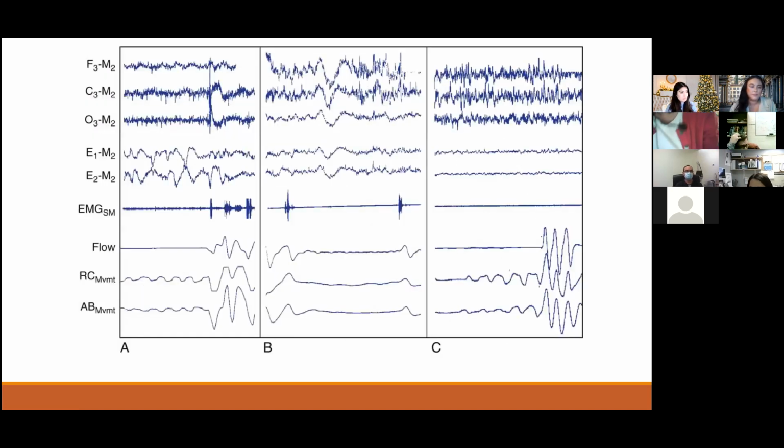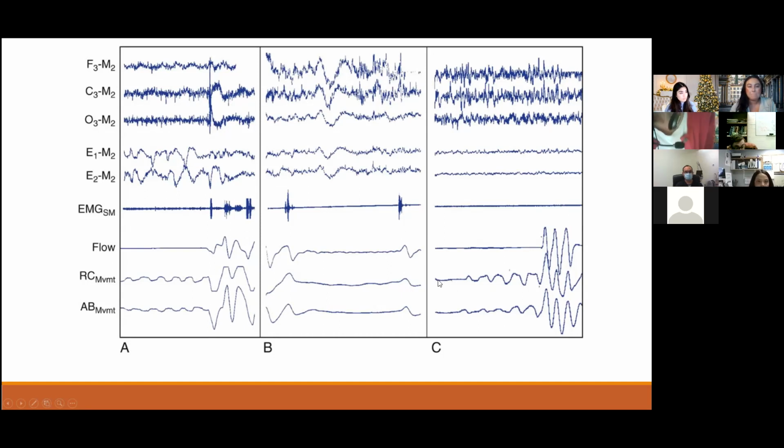So again, just to summarize everything, absent airflow, you can see here with ongoing respiratory effort, this is an obstructive apnea. Here, no respiratory effort, no airflow, central apnea.